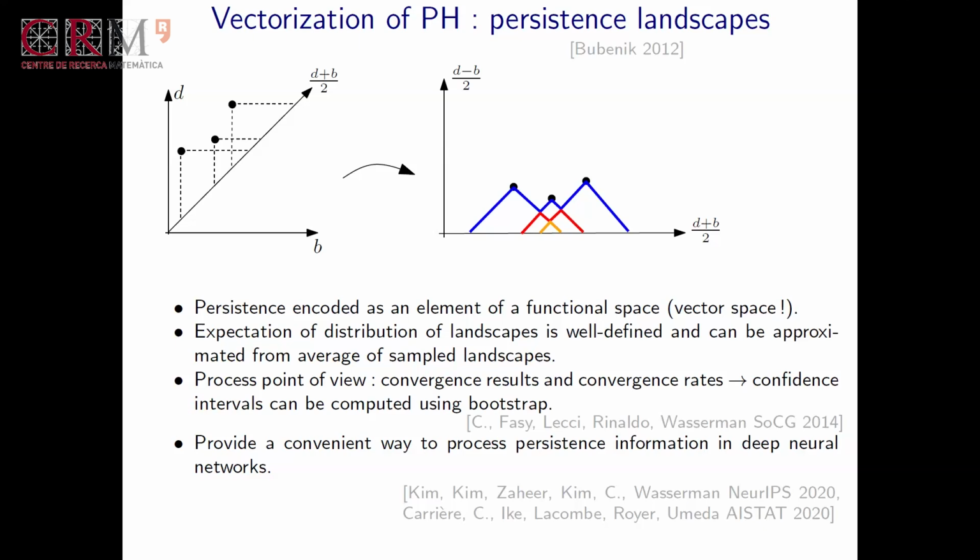But there is a small drawback that you have to keep in mind, which is that the way you embed the space of diagrams into this space is not linear. It is not a linear space, it's not even a convex set that you get as the image of the diagrams in this space. So when you average a set of diagrams, you get a function.